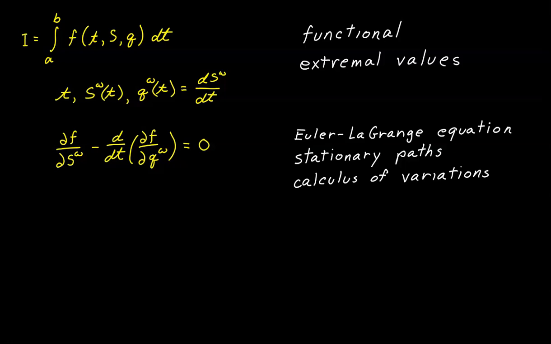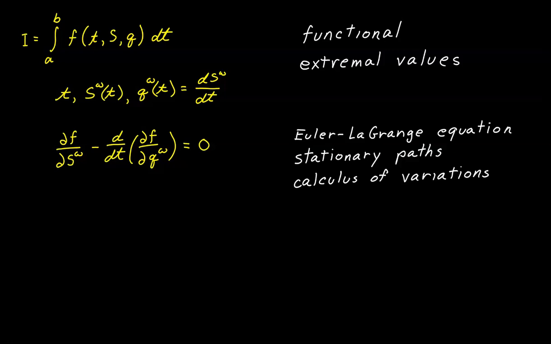A derivative of 0 indicates either a minimum, maximum, or inflection point. We don't know which it is without performing additional tests. So it is with a functional. The Euler-Lagrange equation is a necessary condition for a minimum length path, but it is not a sufficient condition. More on that in a few minutes.